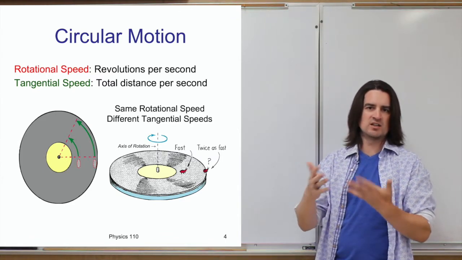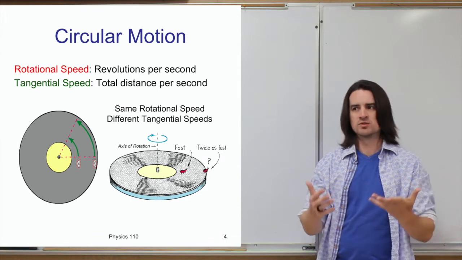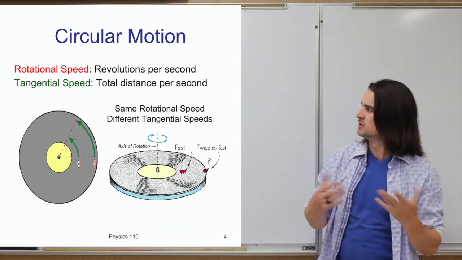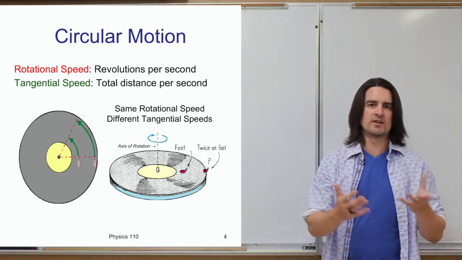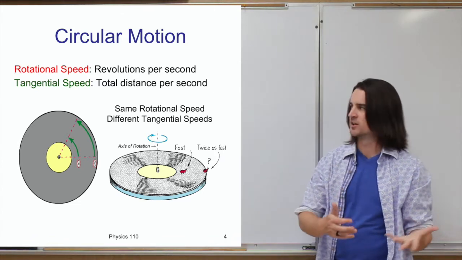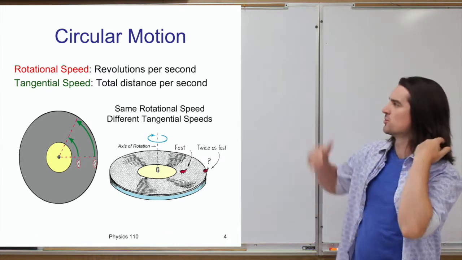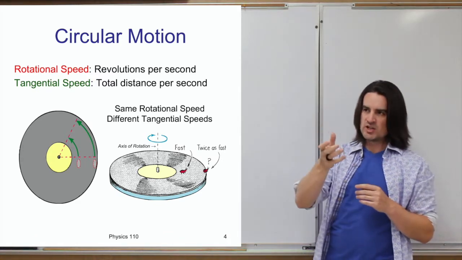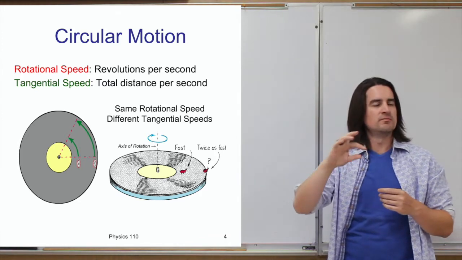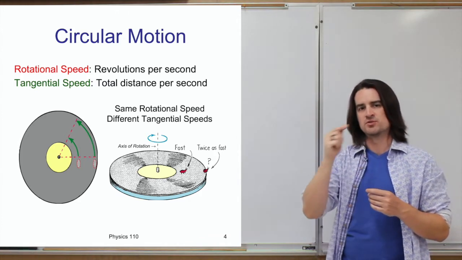I divide those two, I get a tangential speed. So it's much more related to what we were talking about as velocity or speed beforehand. The new thing here is the rotational speed. When we're talking about revolving, rotating, it's how many revolutions, or how many times something goes around, per second.